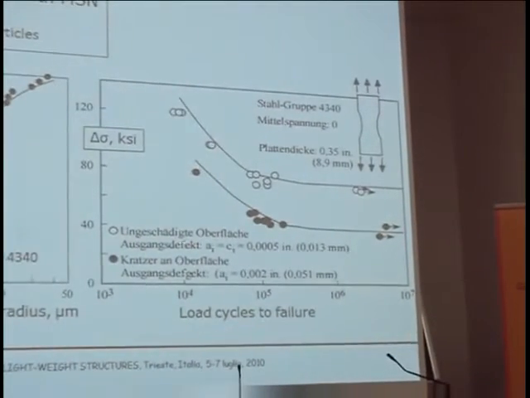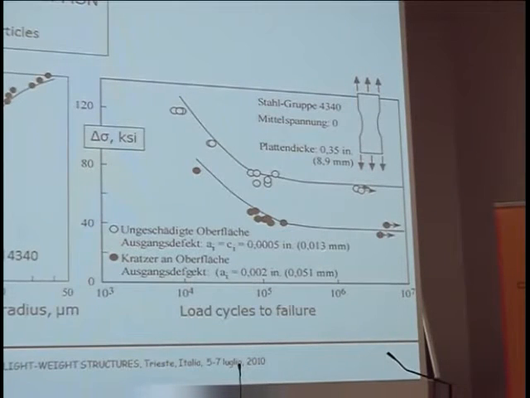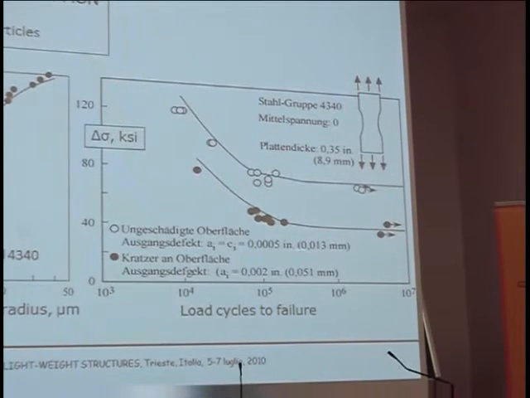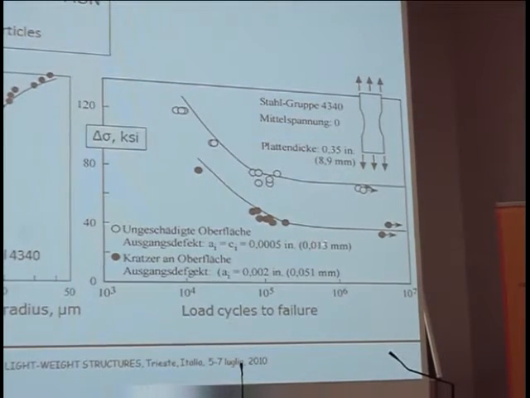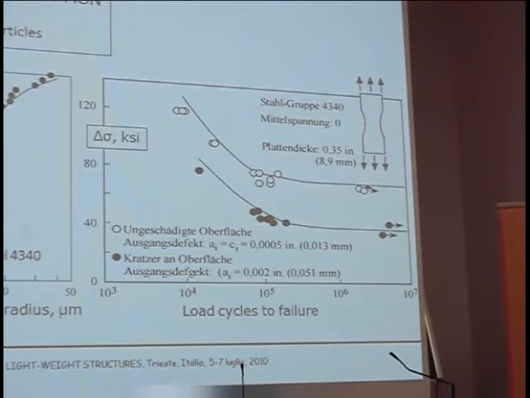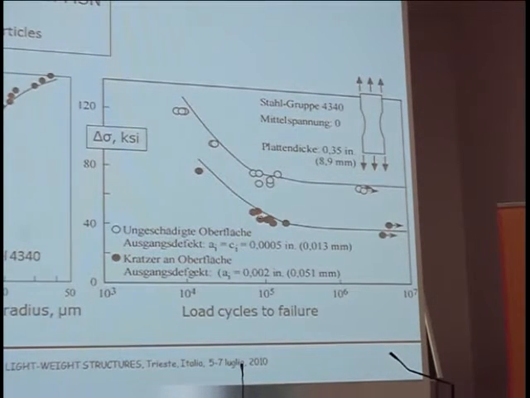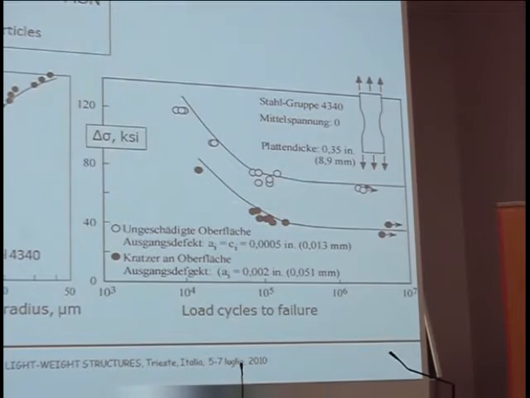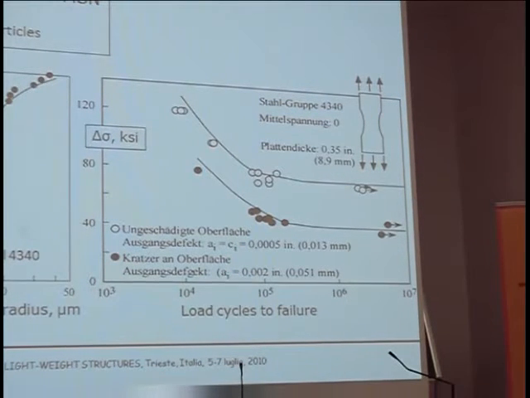However, with a starting defect of this size here, 13 microns. These are the experiments, and this is a computation. The same thing with defined scratches of the surface. Again, experiments and analysis. It couldn't be any better.